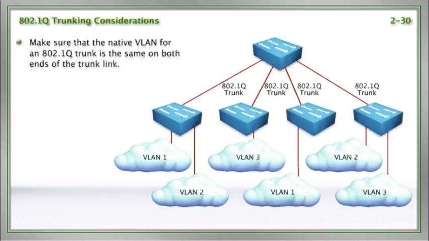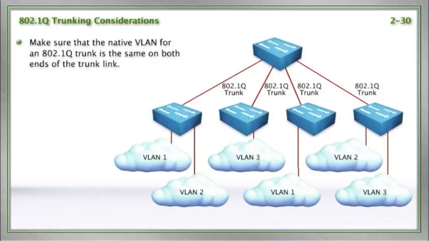So, with trunking, we got to make sure that the same native VLAN assignment is used between the two devices. Now, the great news on the native VLAN setting is that it is going to be the same by default. By default, Cisco uses VLAN 1 as the native VLAN across all of the devices. So by default, the native VLAN is going to match.